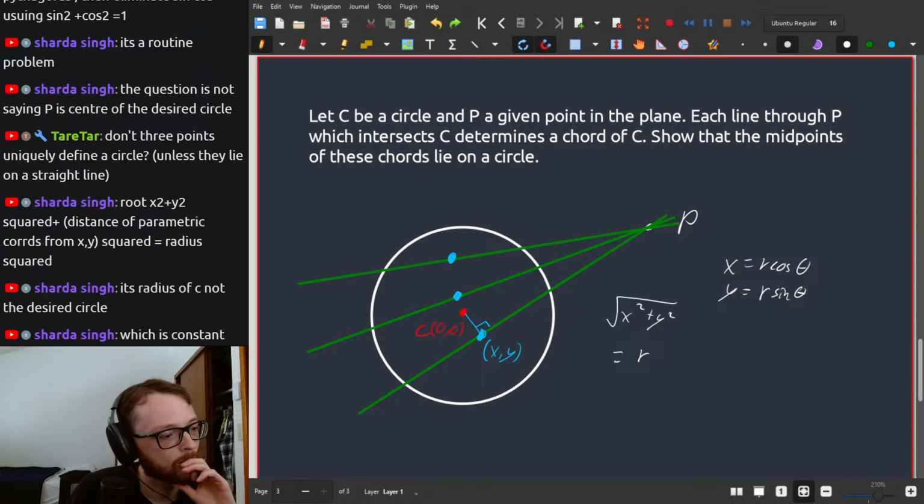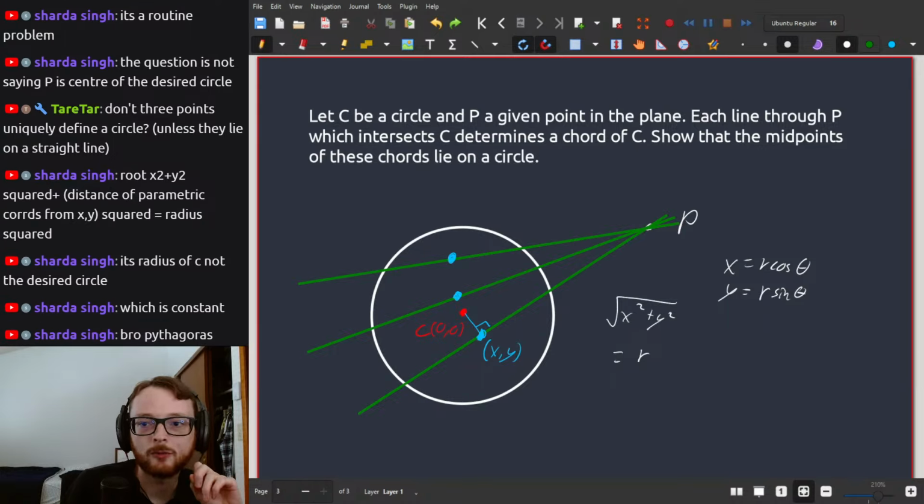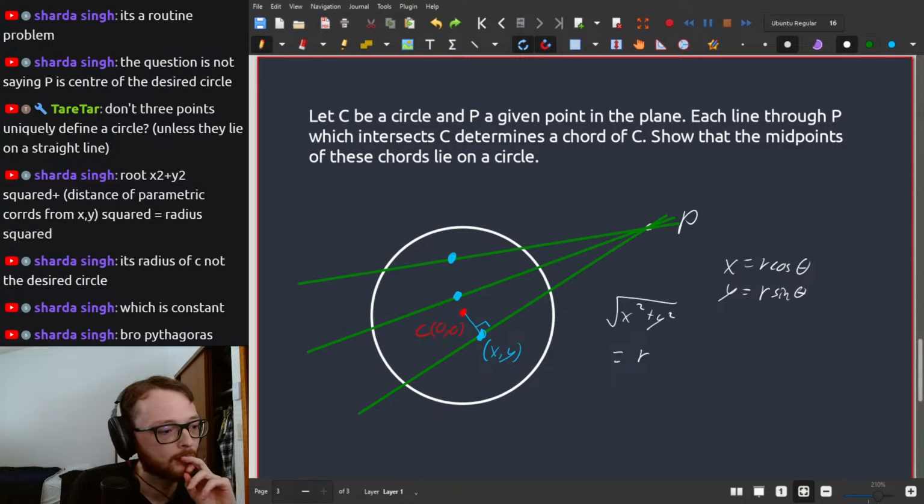So the parametric coordinates that you're using, I know it's Pythagoras. I'm trying to figure out what values you're plugging in here. So you're saying it's the radius.